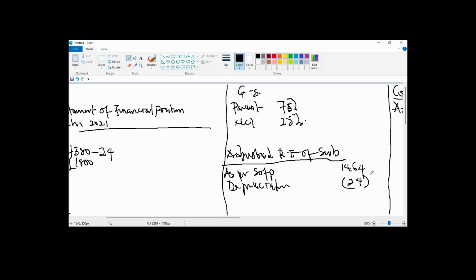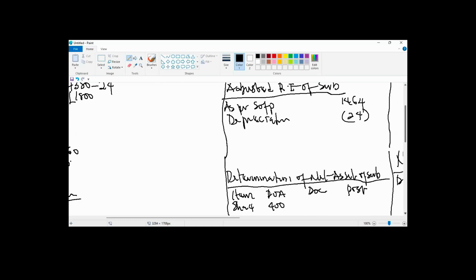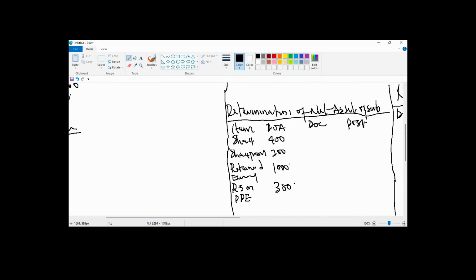Next one, 3. Rethink is accounting for non-controlling interest by valuing at fair value. The fair value of the goodwill attributed to non-controlling interest is 73.